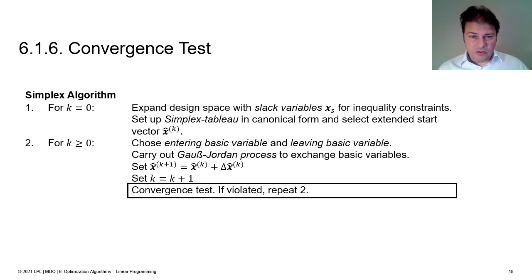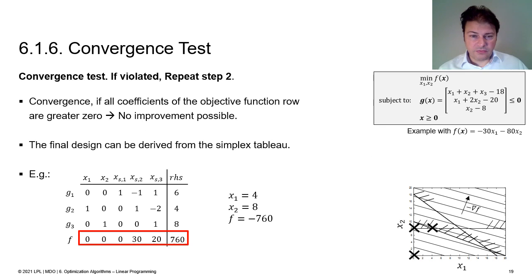So in the next step, you check whether you are at the optimum. In this case, you don't use classical convergence criteria. You verify optimality differently. So if all of the coefficients of your bottom row associated with your function value f are greater than 0, then you know it's only going uphill if you move away from that vertex.